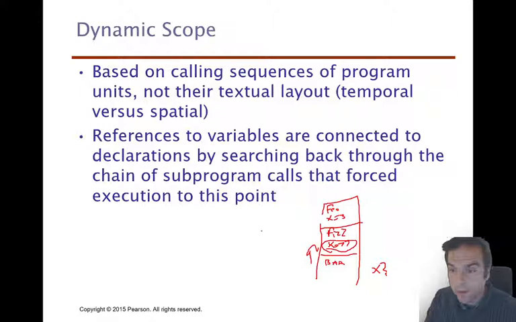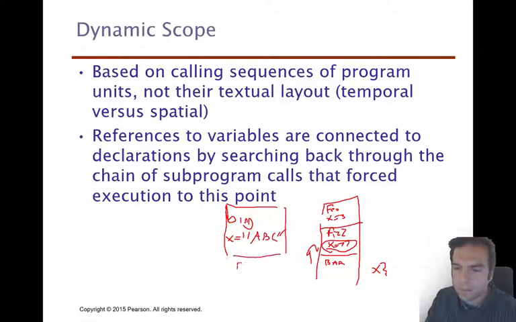But later it could be the case that I call bar from something else. Maybe I've got some function Bing, and I say x equals something completely different, right? And then after Bing I call bar, and when I look up x from bar, because at runtime this is the previous declaration, it's going to find x equals ABC.